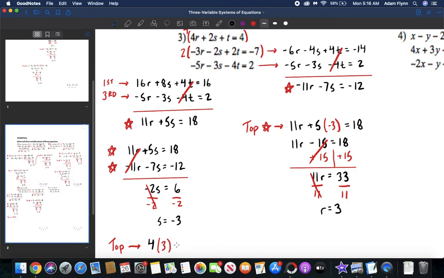Plus 2. Instead of s, I'm plugging in negative 3. And then plus t equals 4.